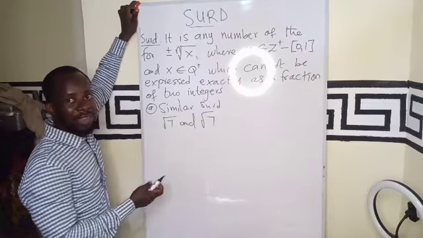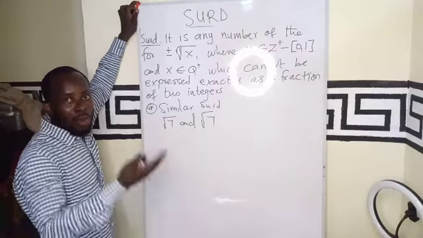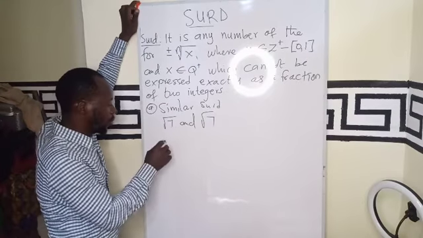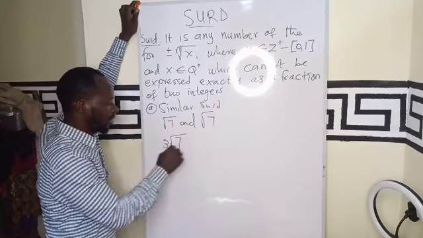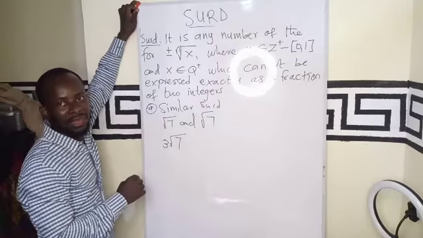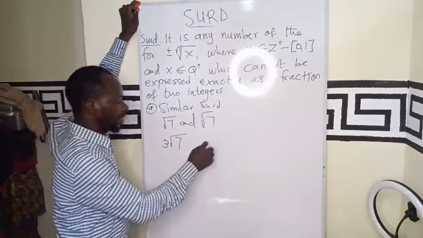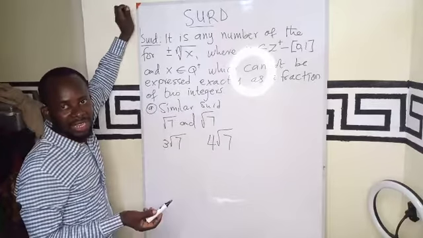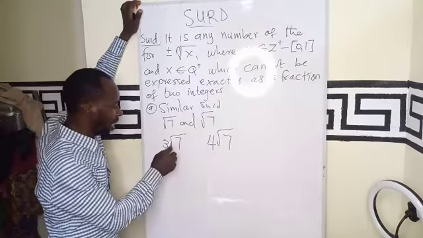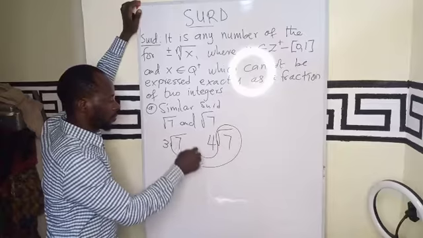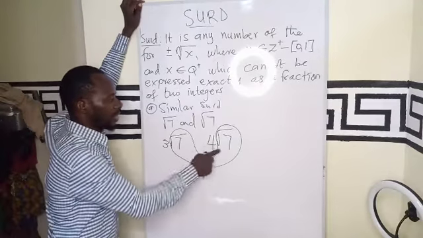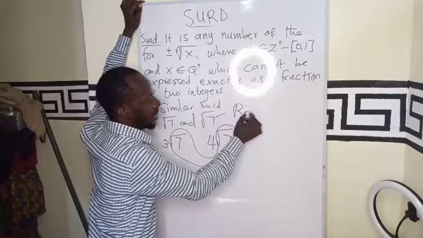Now I can also have a mixed surd. A mixed surd simply means I have a rational number combined with an irrational. You see, 3 is rational. So if I put 3 before root 7, this is a mixed surd. This and 4 root 7 are also similar, because we are only paying attention to the number under the root, which is called the radicand.